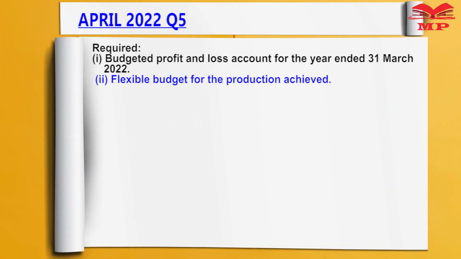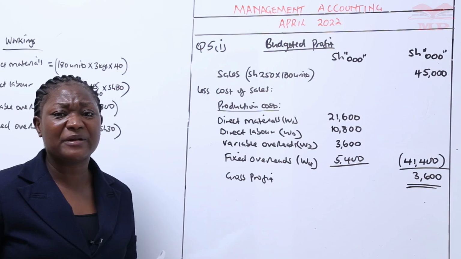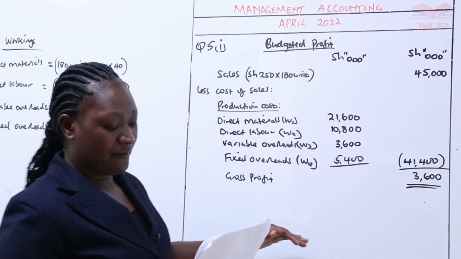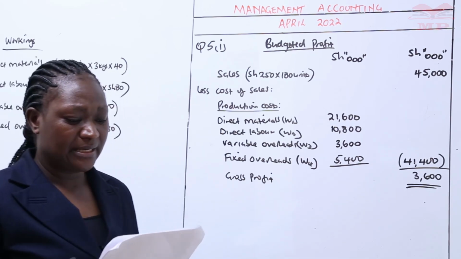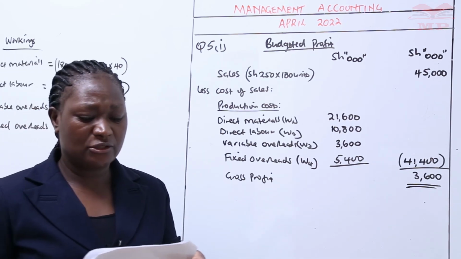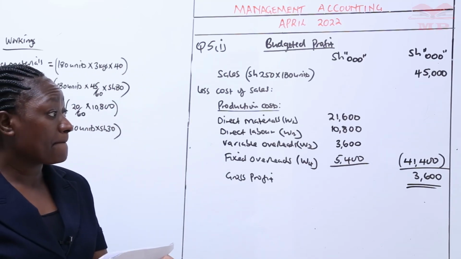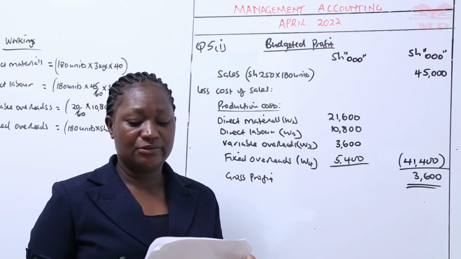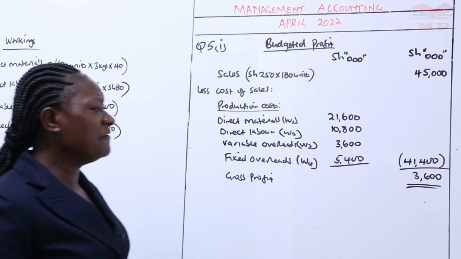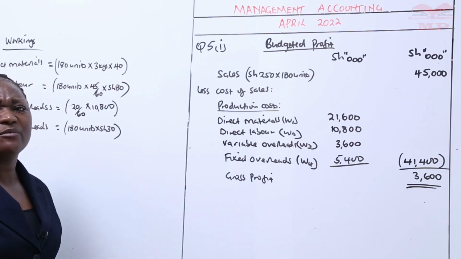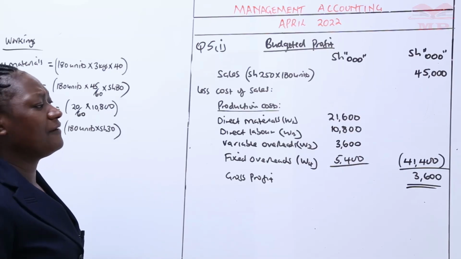Then number 2, we are told to prepare a flexible budget for the production achieved. So how do we prepare a flexible budget? In note number 4, we are told that for the year to 31st March 2022, 120,000 units have been manufactured and sold. A flexible budget is prepared when we have a variance.